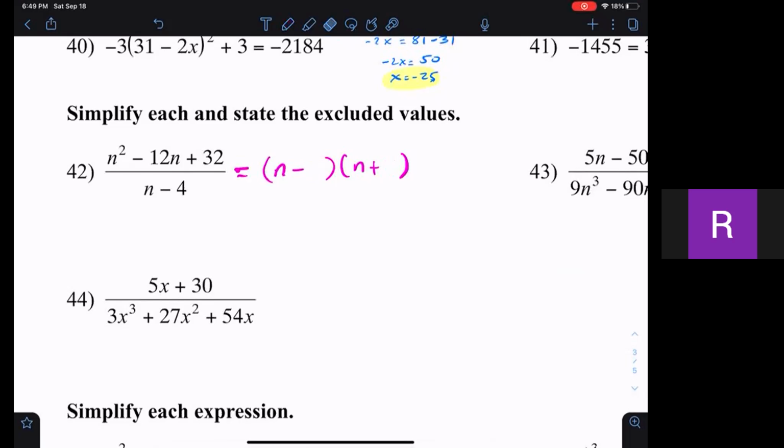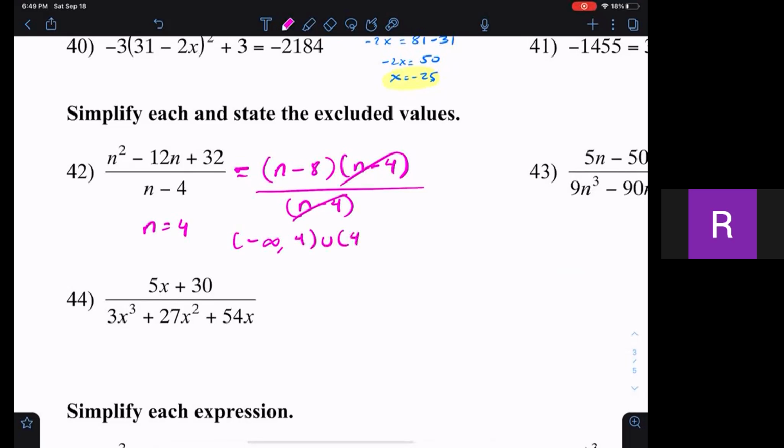So 32, 8, and oh, these have to be the same sign. Okay, 32. Okay, so this is going to be n minus 4. So the excluded value is x equals 4. So the domain is negative infinity to 4, union 4 to infinity, right? That's it. That's the domain. Or you can put the excluded value is 4, right? You can do it like that.